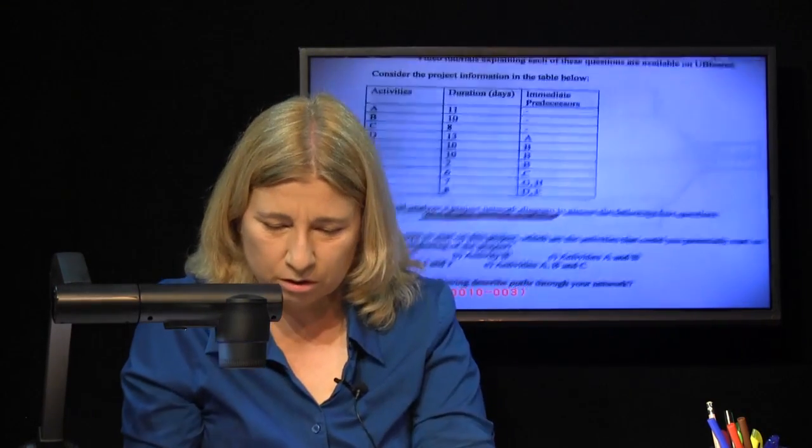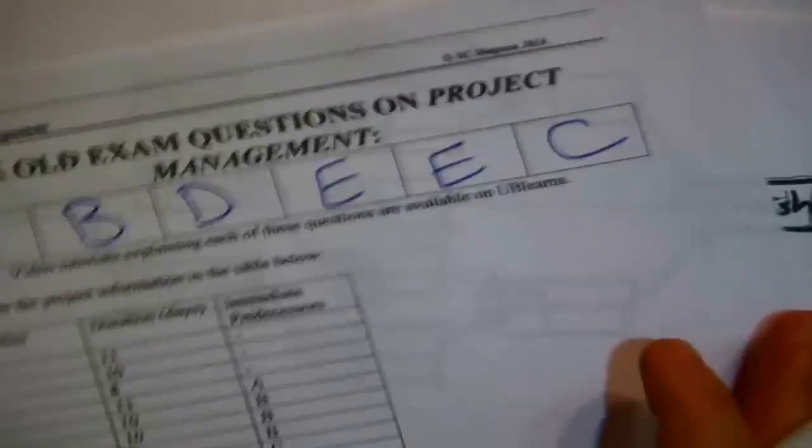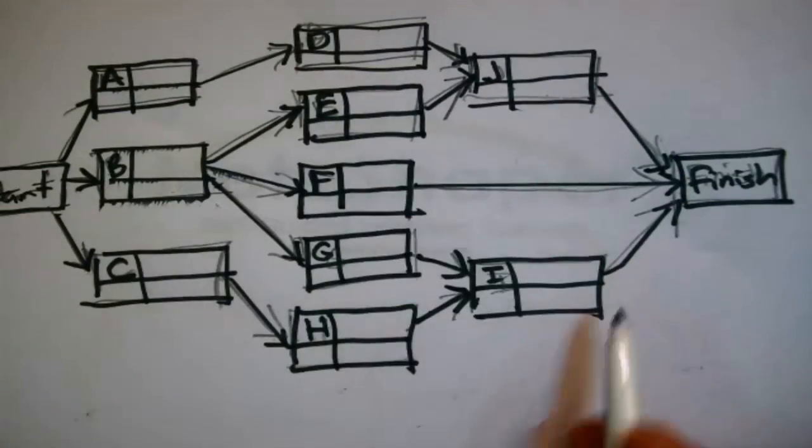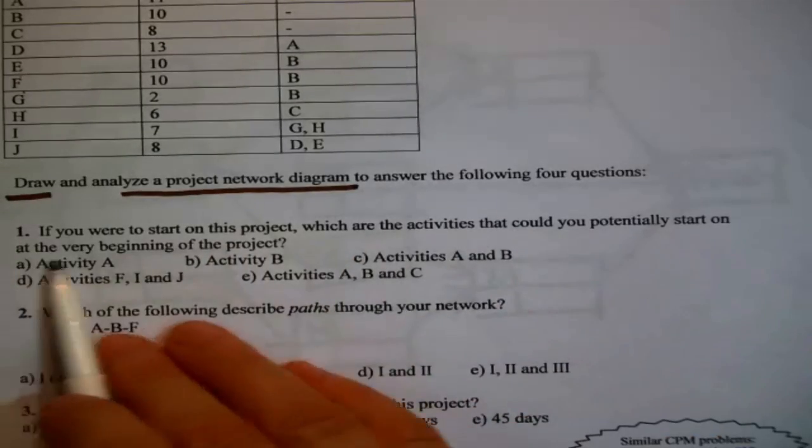If you're running short on time, you only have 10 minutes left in the exam, and you realize, oh no, this is a CP/M problem. This is going to take forever. Wait a minute. Check the early questions, because, for instance, we just went through and drew that whole network, and we haven't even done the numbers yet. I want to point something out.